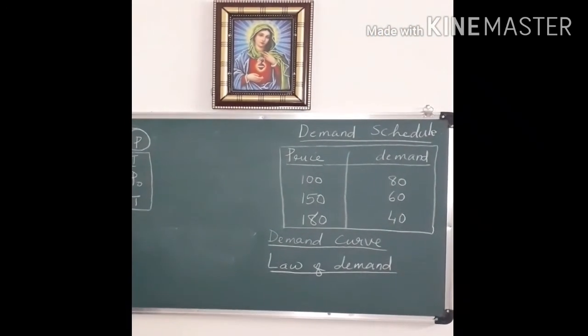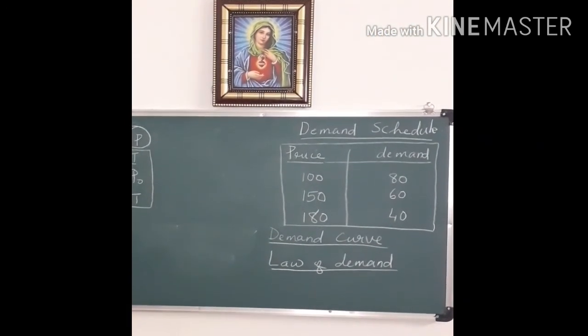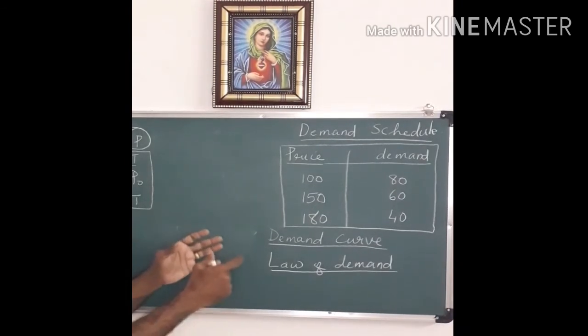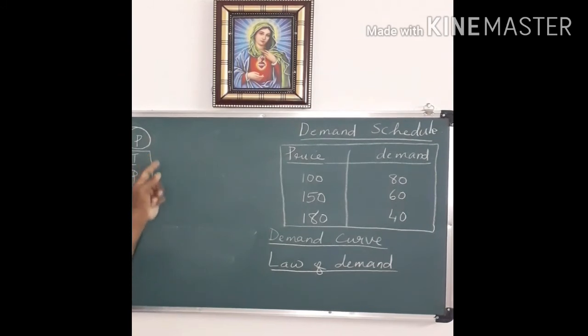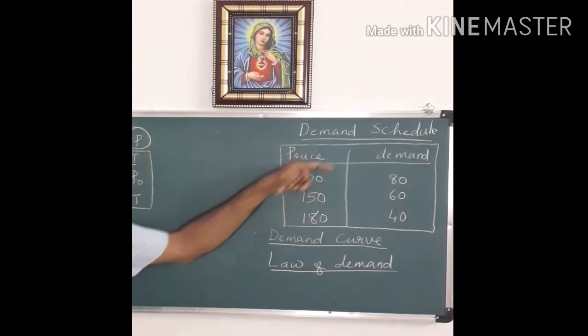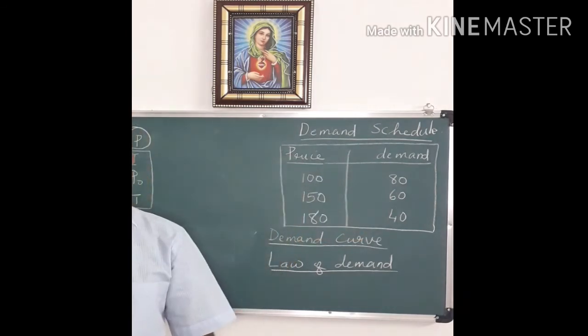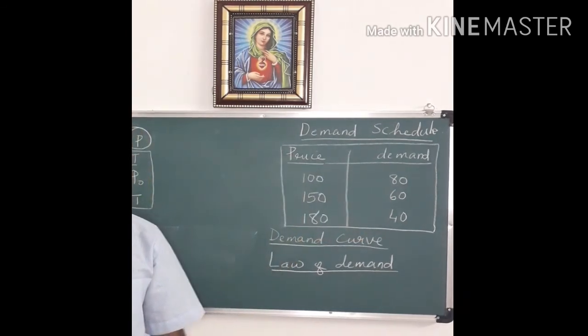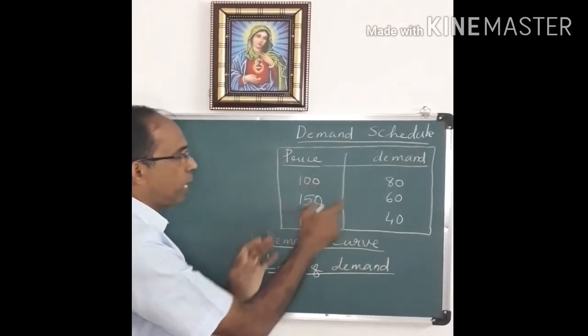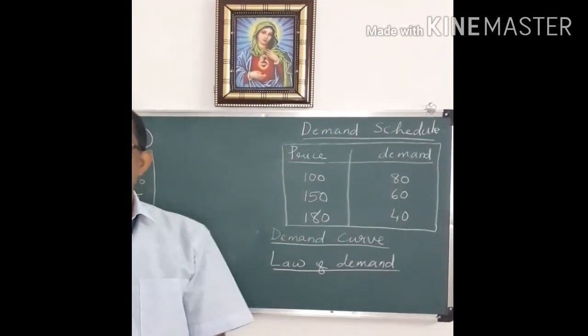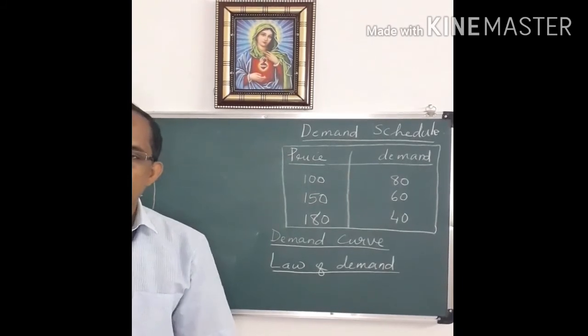What is the law of demand? The law of demand can be stated as: when other determinants of demand remain the same, when price increases, demand decreases. Or the negative relationship between price and demand, or inverse relationship between price and demand.